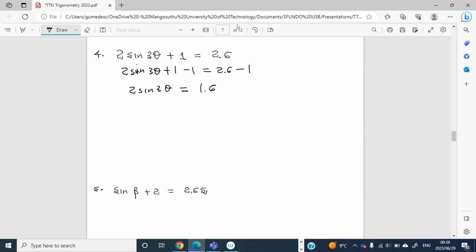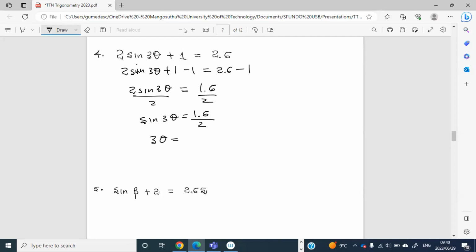So what we'll do next, you see that there's a problem of this 2. You divide by 2 both sides. Then we'll have sine 3 theta equal to 1.6 over 2. And you do the same thing that we did. The only difference is that we don't have theta here, but we have 3 theta. So it means now it's your 3 theta that should be equal to, then you press shift sine, then 1.6 divided by 2, as we did previously.